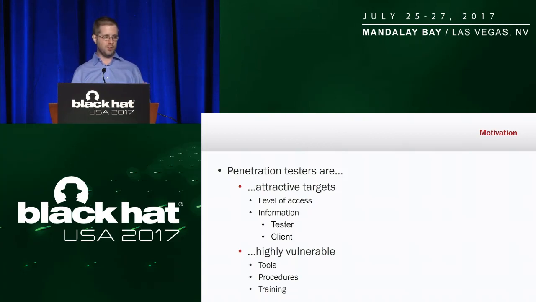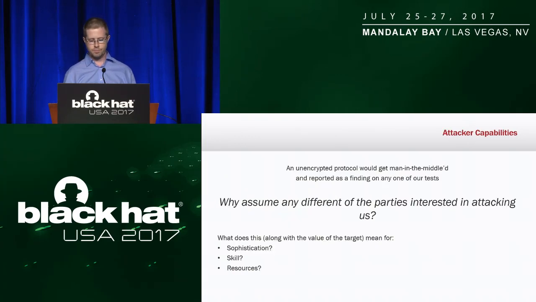And all the infrastructure that supports this type of testing has lots of vulnerabilities in it because it's developed ad hoc. A lot of it is developed as proofs of concept. A lot of engagements involve the use of proof of concept exploits that have not been subject to very stringent software engineering practices. So the tools and procedures and the training that we give people lend those engagements to being something that can be compromised.